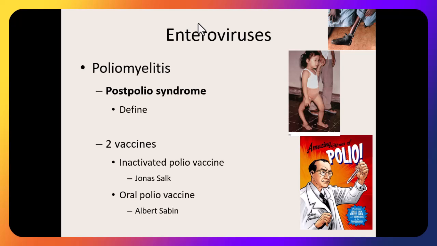Now, as many of you might be working in nursing homes or even in hospital settings where you have elderly patients, they most likely had polio when they were kids. And they're walking with a cane if they're able to do that. Or they're in wheelchairs. And it's because those skeletal muscles have deteriorated enough they can no longer walk on their own anymore.